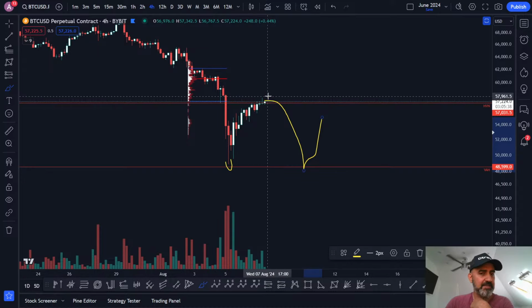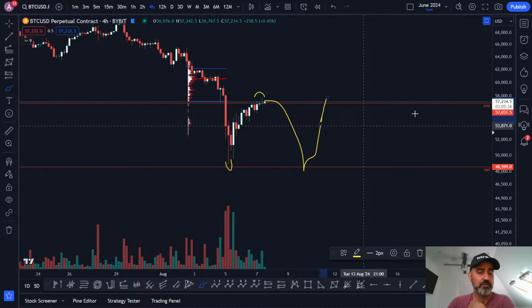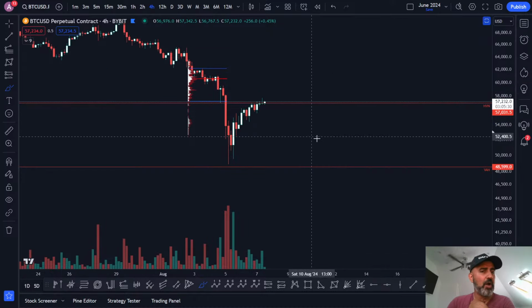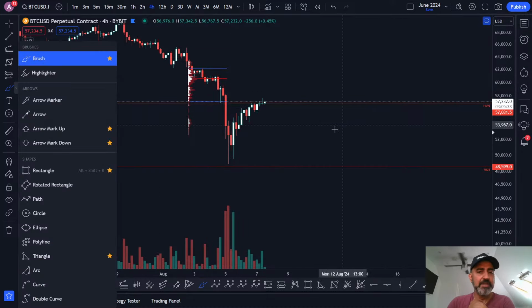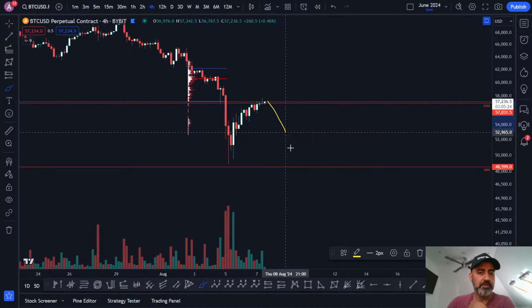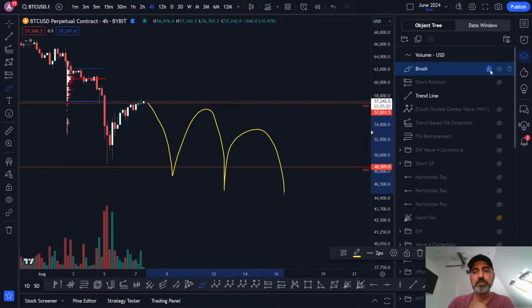Then all you have to do is for the price to take out that high. That may not happen either because it's still quite a big range. And so naturally, we're still putting in lower highs. There's no reason why the price can't go down and put in a lower high, go down and put in a lower high. Price can always do that.